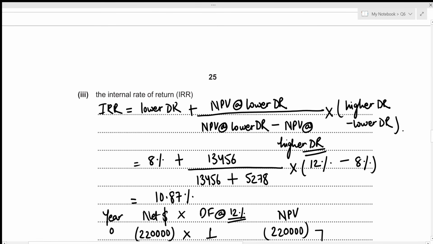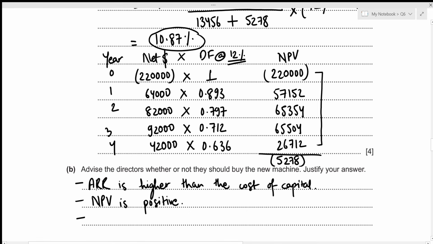And we can see that the internal rate of return is 10.87, which is again higher than the cost of capital of 8%, which is a good thing. Let's write it down. Internal rate of return is higher than the cost of capital.